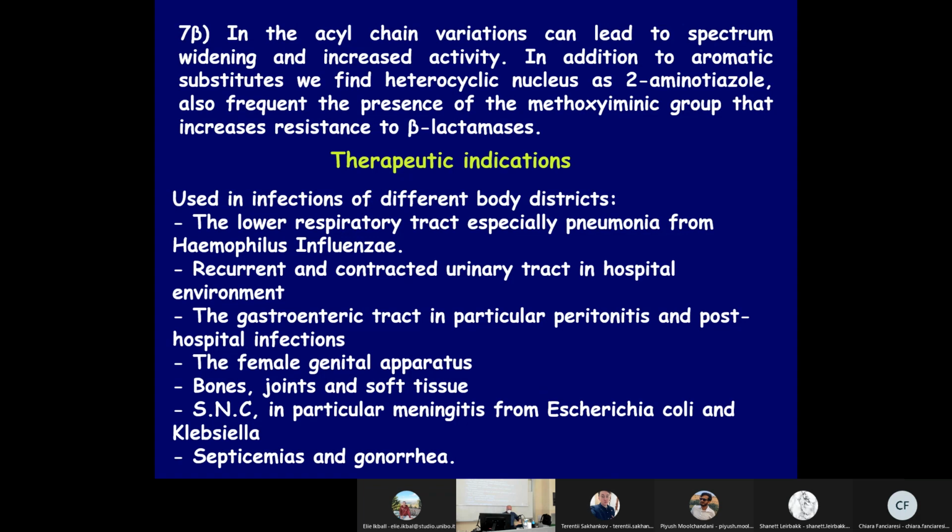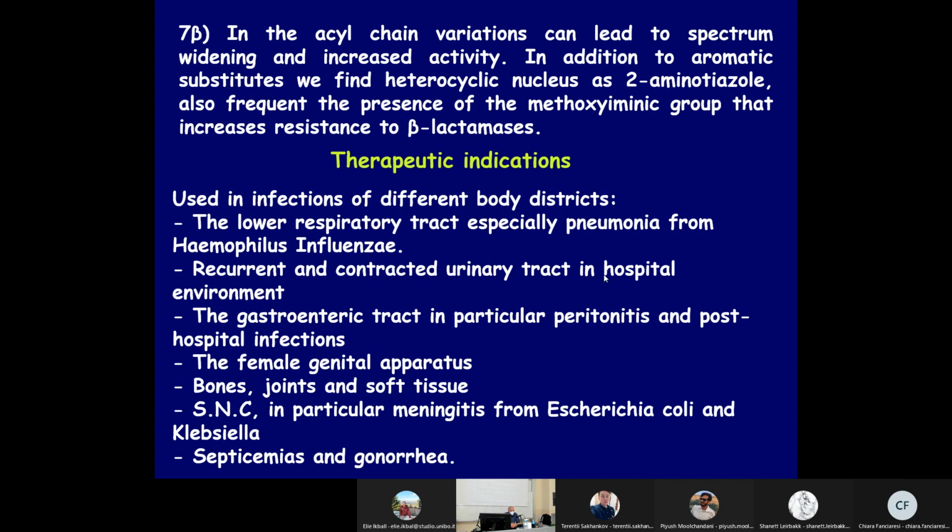Therapeutic indications. Infections. You know, these are antibiotics, and so we use this type of compound for different infections. Lower respiratory tract infections, urinary tract infections, especially infections present in a hospital environment.